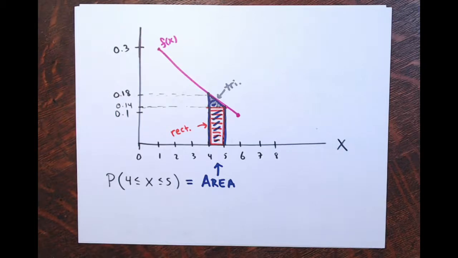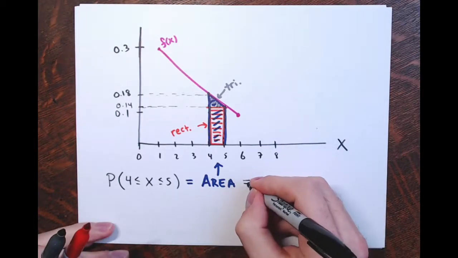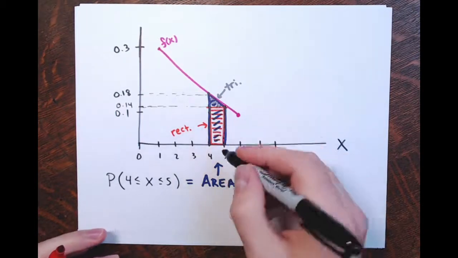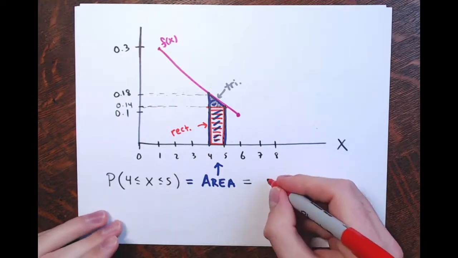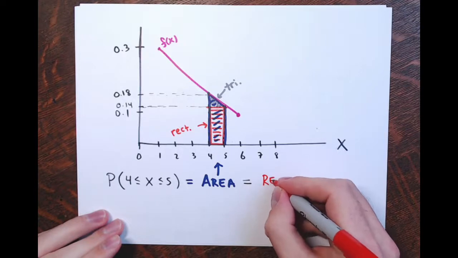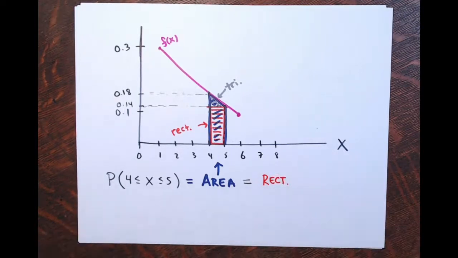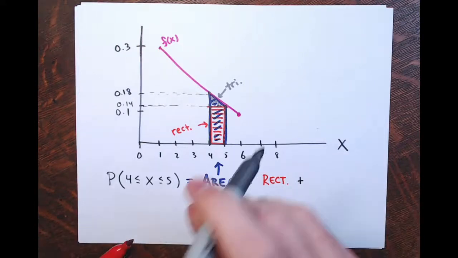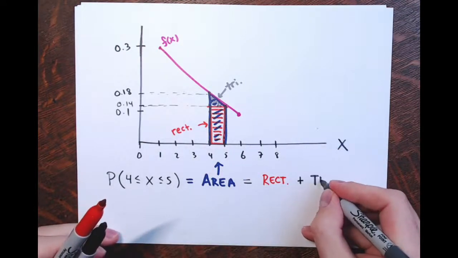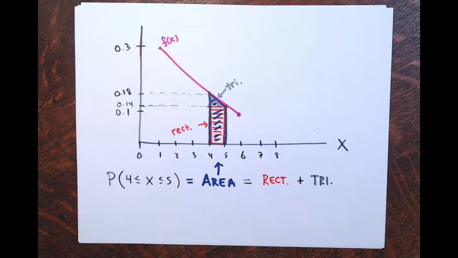So to find the total area from 4 to 5, I'm going to take the area of this rectangle and then add to it the gray triangle area.